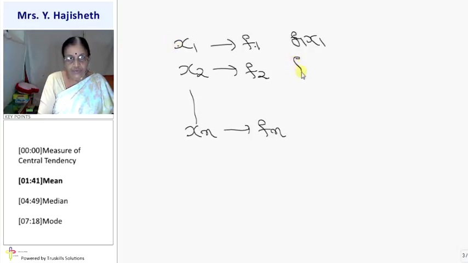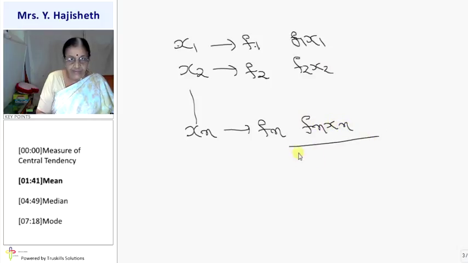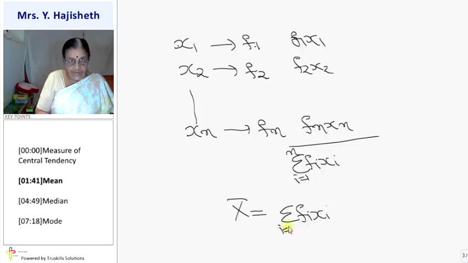Then f2 x2, and last में fn xn. So the total of all this is denoted by sigma fi xi, i is 1 to n. So in this case, x bar is sigma fi xi, i is 1 to n, upon n. This is another formula.